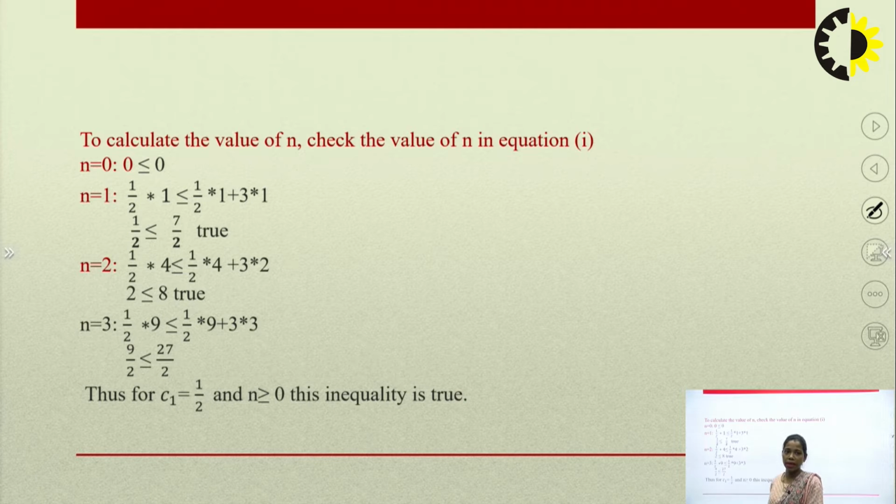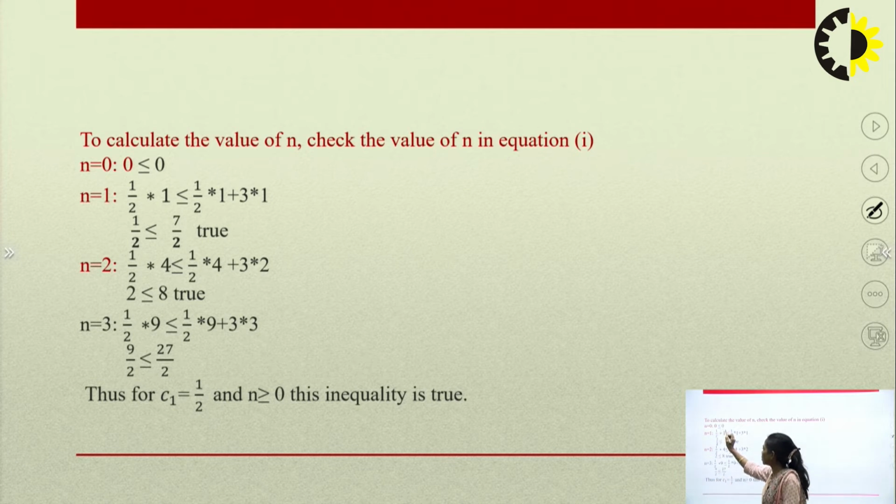Now we calculate the value of n. To calculate the value of n, we check each value of n. First we calculate for n equal to 0.